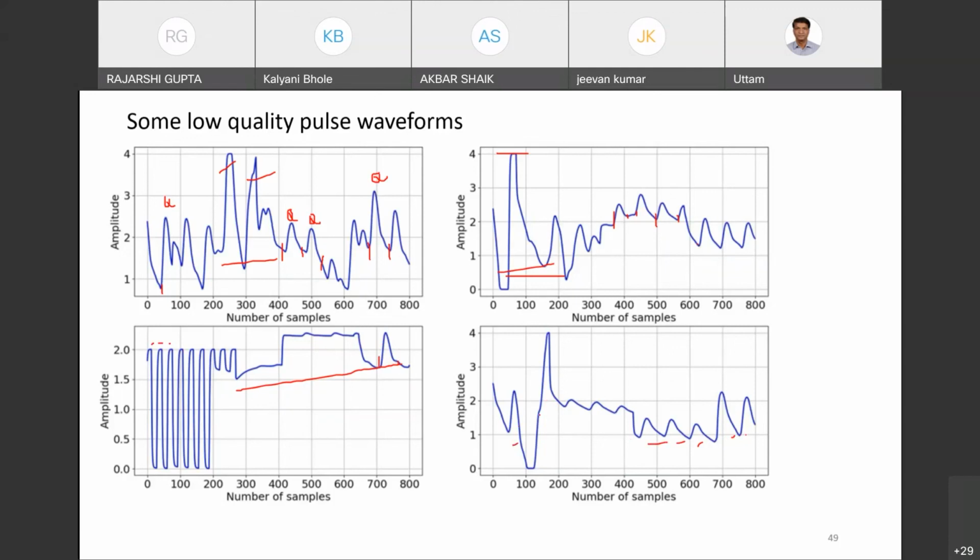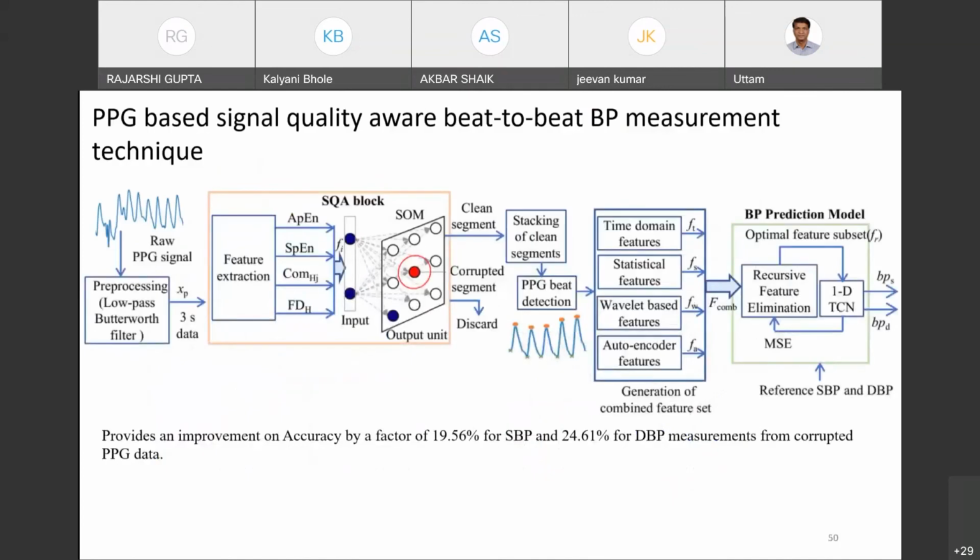So to have a reliable beat to beat blood pressure measurement, first we have to assign a reliability factor to the PPG pulse quality that we are getting. So here is the application: signal quality aware beat to beat blood pressure measurement. This is the noisy PPG signal, and this is the SQA block.